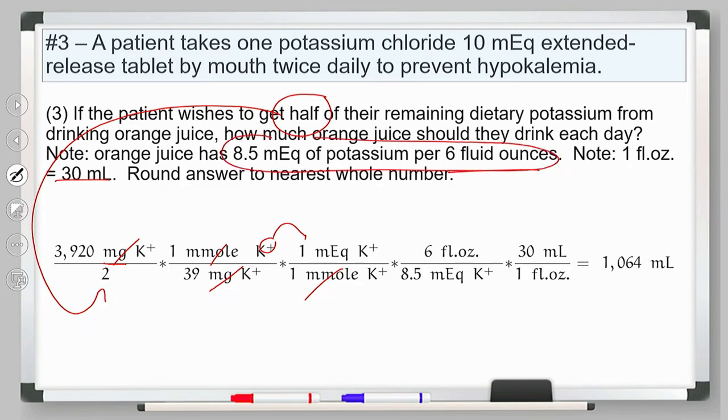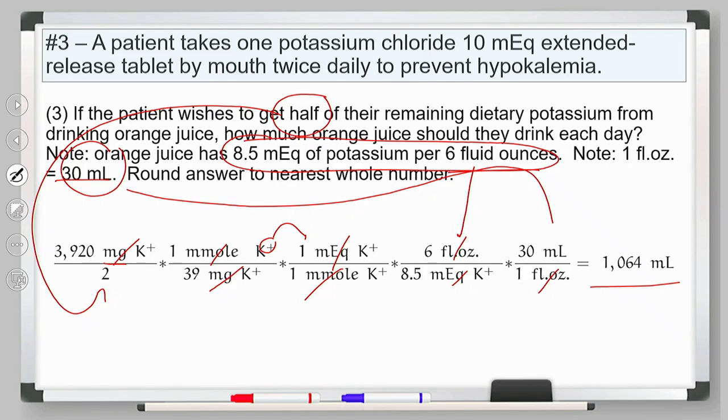To get milliequivalents to volume, I'm going to use the concentration of potassium in my orange juice, which was 8.5 milliequivalents per 6 fluid ounces. So if I divide by the 8.5 and multiply by the 6, that gives me units of fluid ounces. Then I'll multiply by 30 milliliters per fluid ounce, and I get basically a liter, 1,064 milliliters of orange juice. Was that a good plan? That's a lot of orange juice, so now I think maybe some other sources would be a good idea.